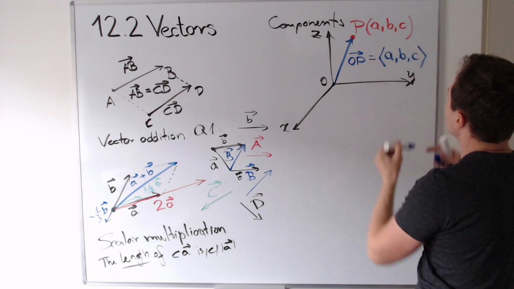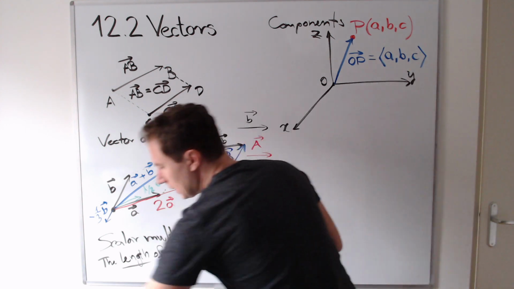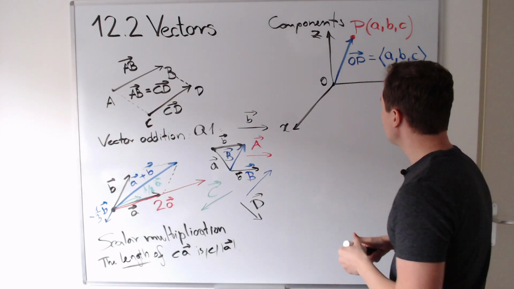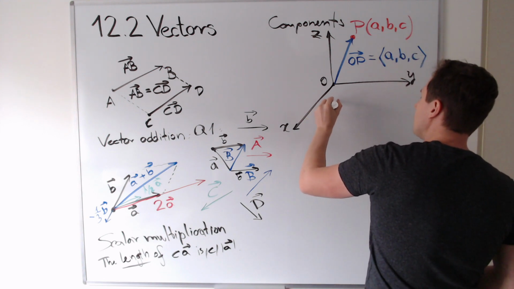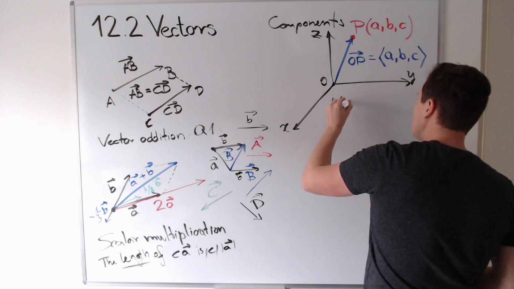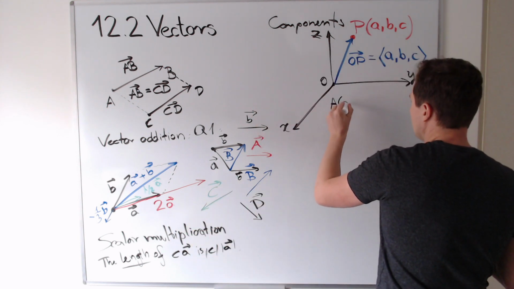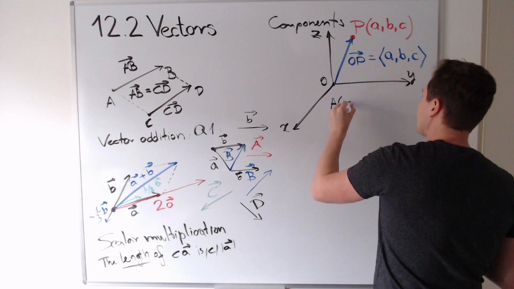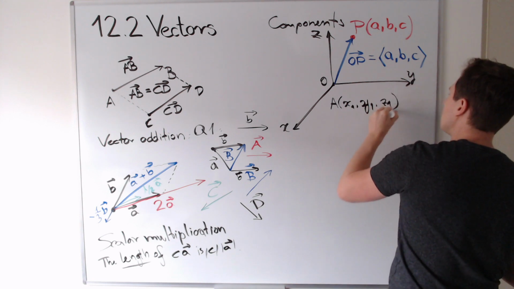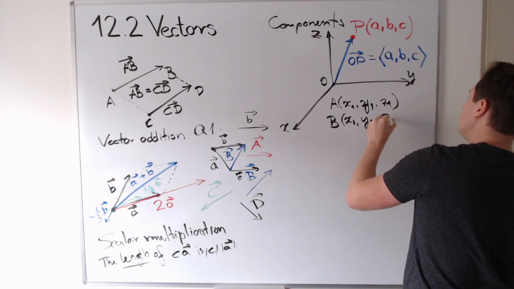Okay, and notice the difference in notation with these angle brackets. I usually denote the components of vectors. So now if you have a vector pointing from point A to point B, let's give these points coordinates x1, y1, and z1, and x2, y2, and z2.